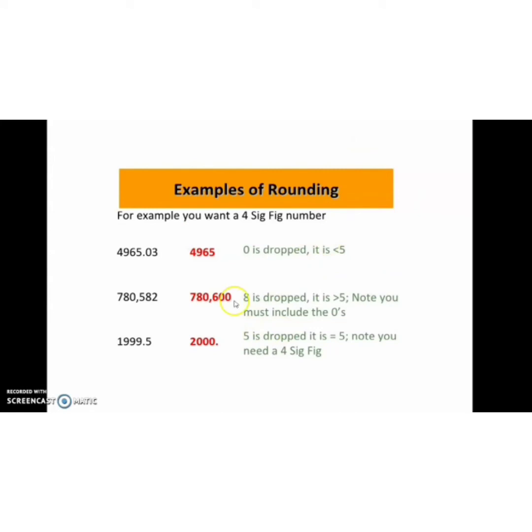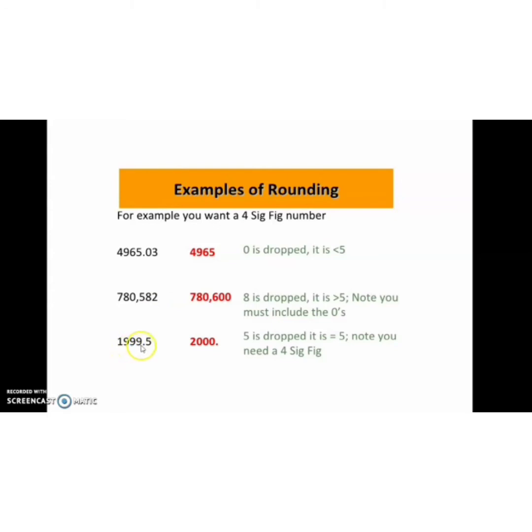So if it is 4965.03, we can drop these two digits, 0.03, and it becomes 4965 because it is less than 5. And 780,582, we can round to 781,000 because the 5 is dropped down since it is greater than 5, and we can include zeros there.